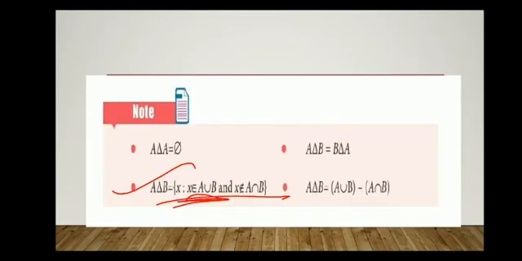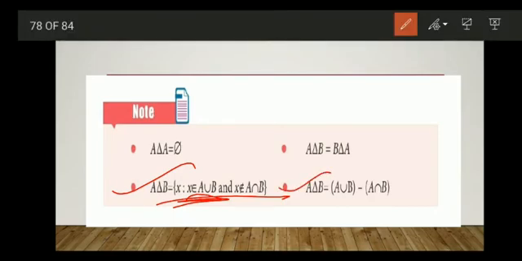So A symmetric difference B will be X in A union B and X not in A intersection B. Okay. Next one, A symmetric difference B will be equal to A union B difference A intersection B.